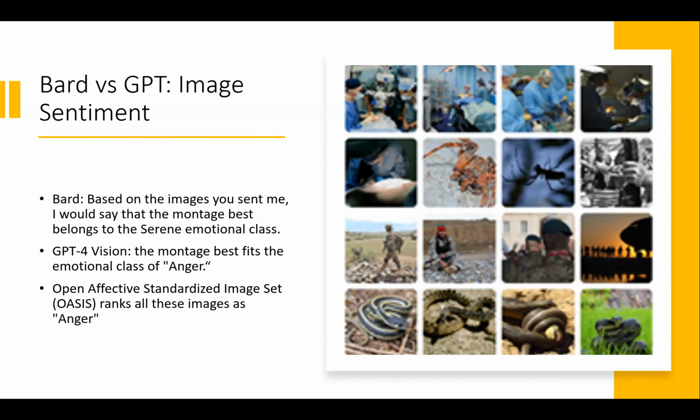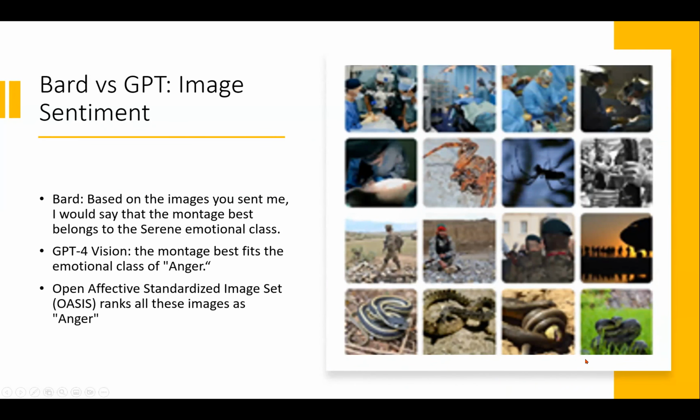And after many, many humans view those images, you can get a kind of consensus view. So this is a panel that we presented to both BARD and GPT, looking for image sentiment: evaluate the emotion based on these collective images. You have some classic human triggers like snakes, some warfare, some insects, and some medical scares in terms of surgery.